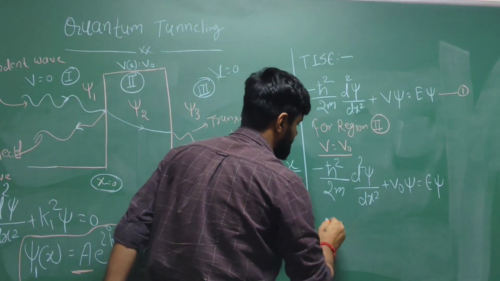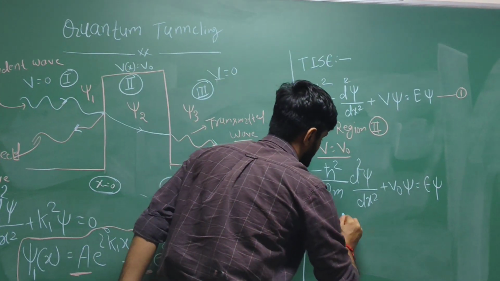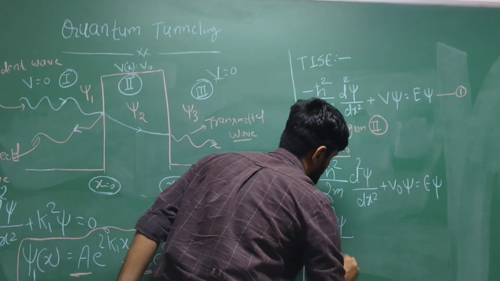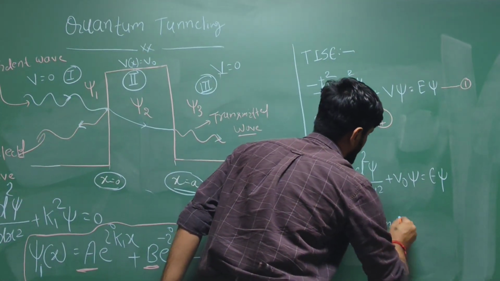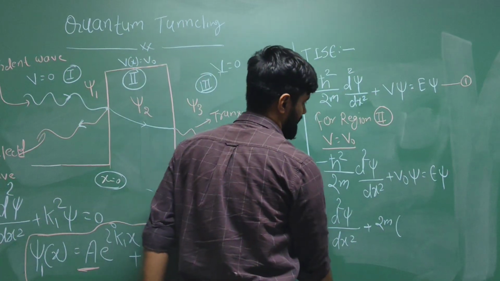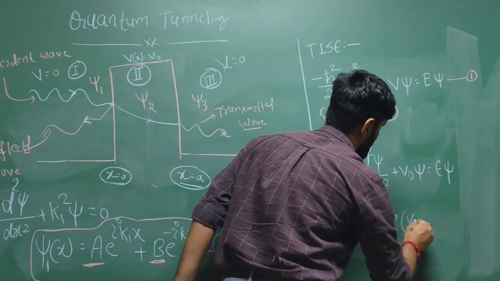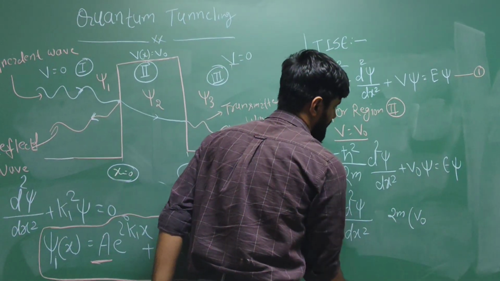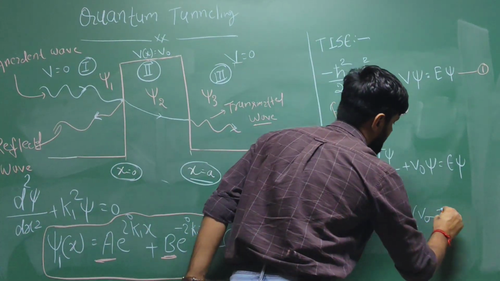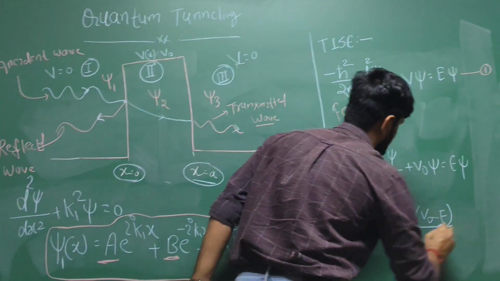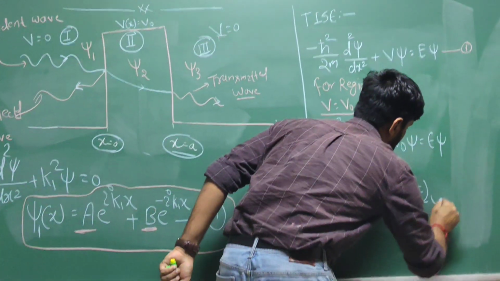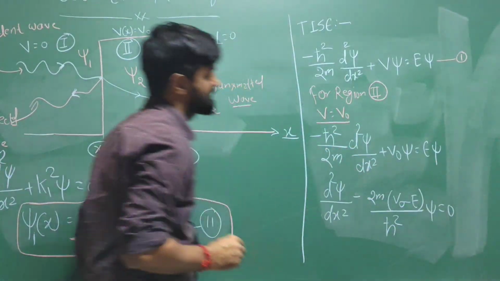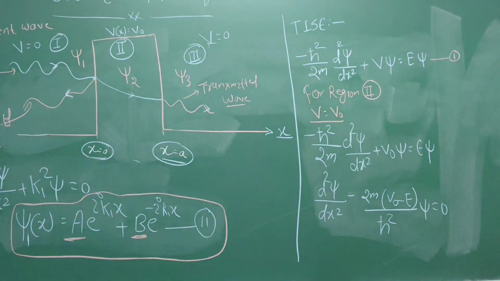Now I rearrange this equation: d2 psi by dx square plus 2m (V naught minus E) divided by h cut square psi equals 0. After rearranging you can have this kind of thing.